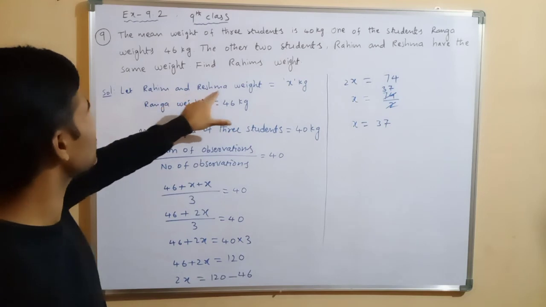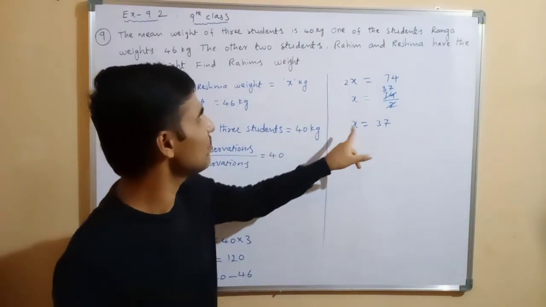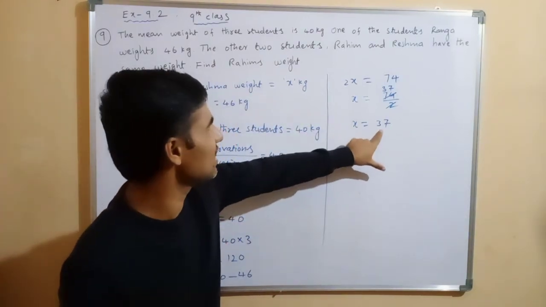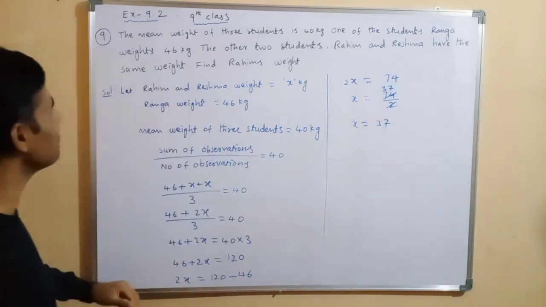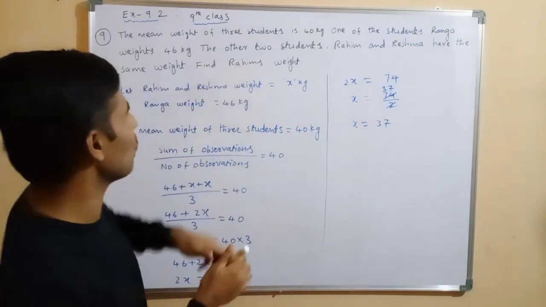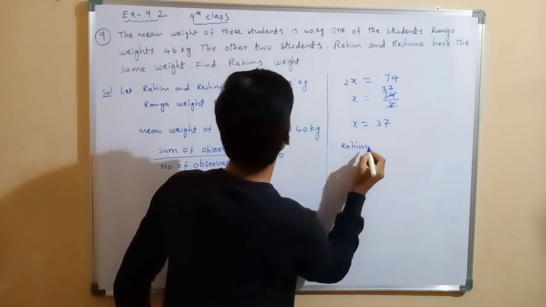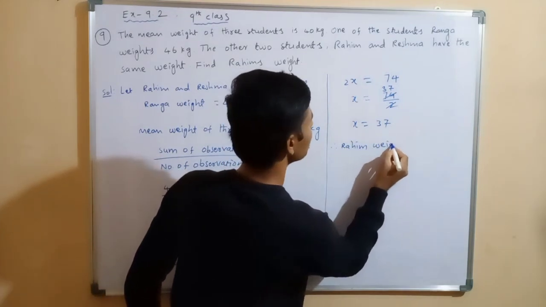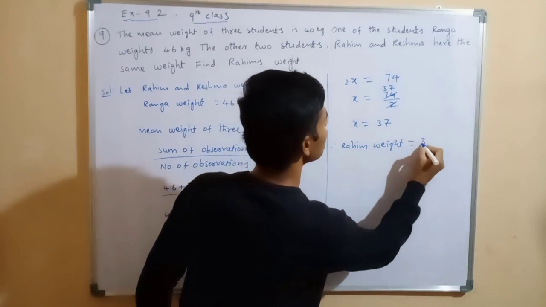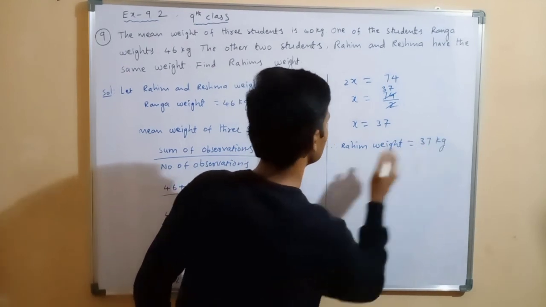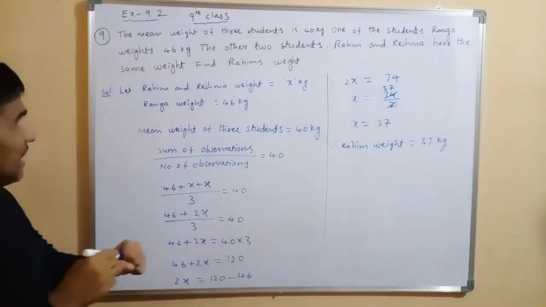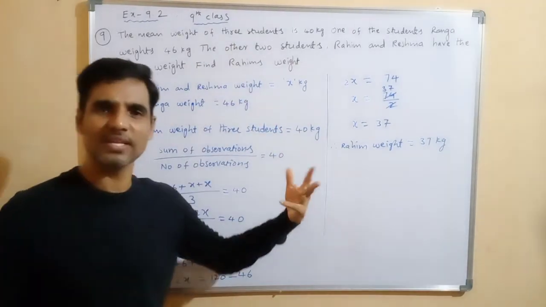Rahim and Reshma's weight is 37 kgs each. According to the problem, they asked Rahim's weight. Therefore Rahim's weight is 37 kgs, which means Reshma's weight is also 37 kgs.